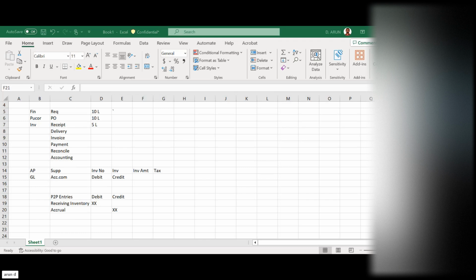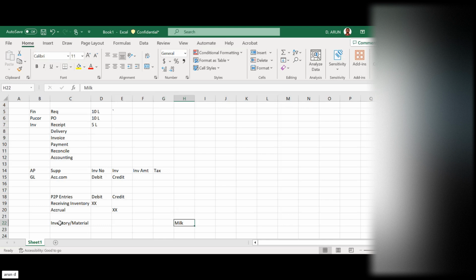I also explained that there could be a possibility of a delivery process as well. If we have the delivery process, we will have the inventory account, meaning our material account. Let's say I'm purchasing milk, as I'm in the process of manufacturing chocolates, so I'll have milk as one of the raw materials.